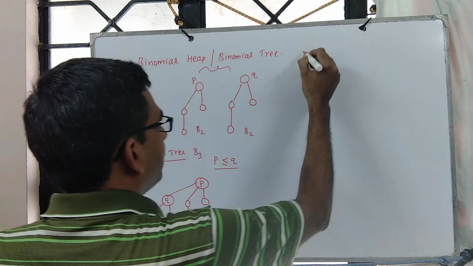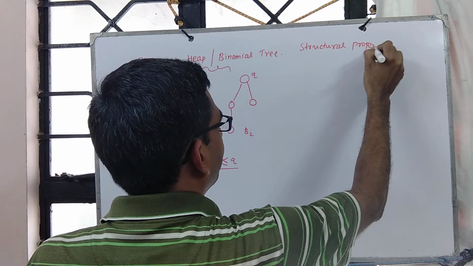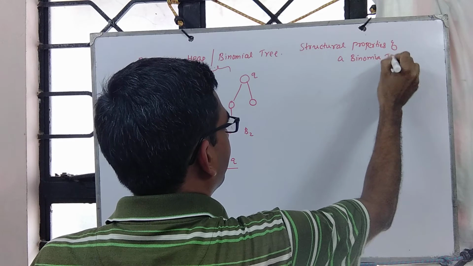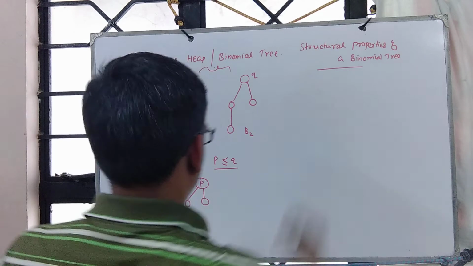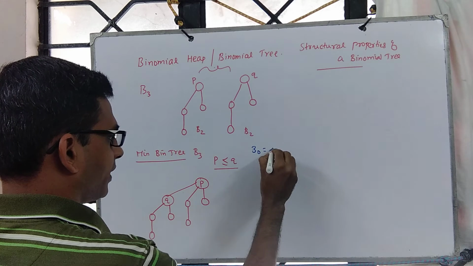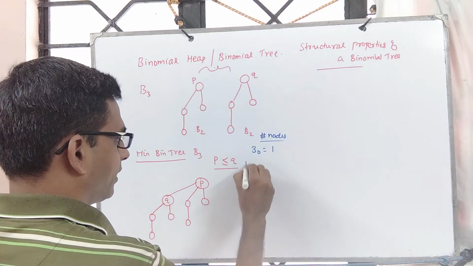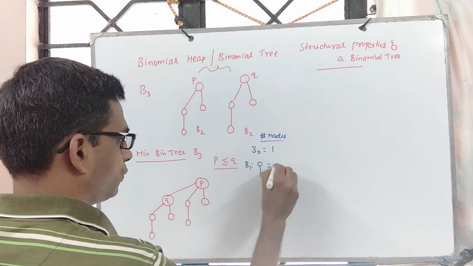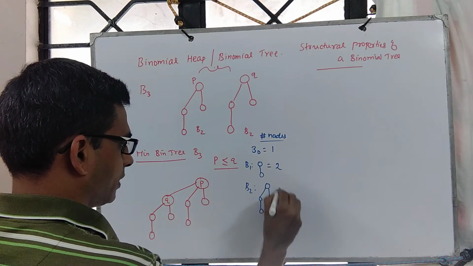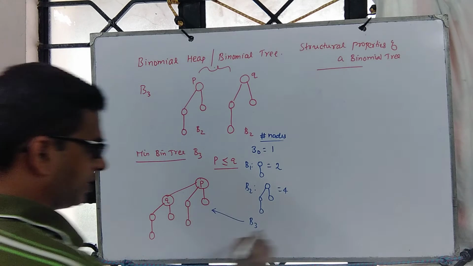Let's look at the number of nodes. If you look at B0, the number of nodes is 1. B1 has 2, B2 has 4, and if you look at B3, there are 8 nodes.